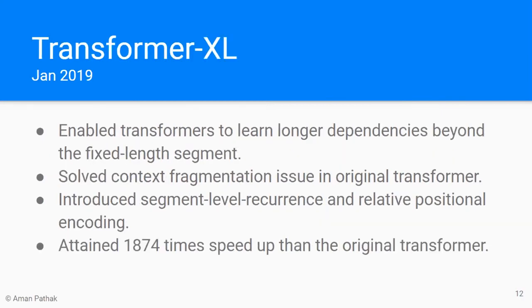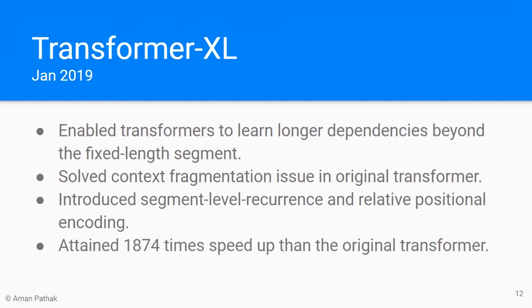The next model is the Transformer XL. The Transformer XL is an advancement to the vanilla transformer, which was introduced in the paper Attention Is All You Need in 2017. The original transformer suffered from a phenomenon called context fragmentation.